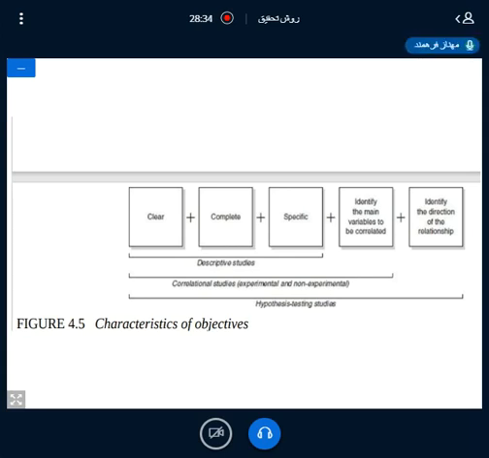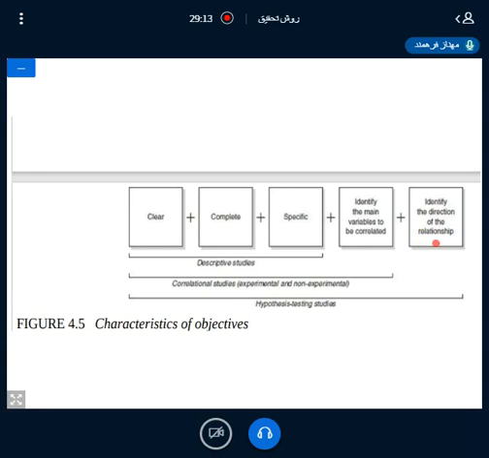Okay, here in this chart, you are going to get bigger. Figure number 4-5 that I chose for you in the power is characteristics of objectives, and you have this table in your book. So you can see characteristics of objectives must be clear, complete, specific, identify the main variables to be correlated, and identify the direction of the relationship.